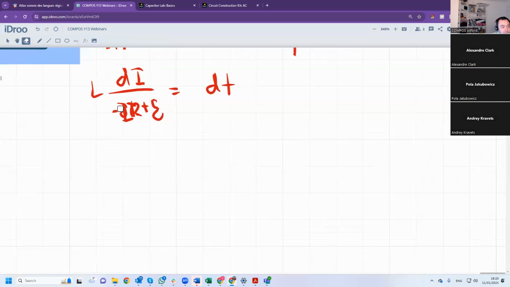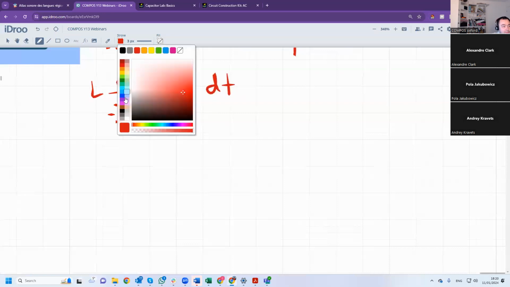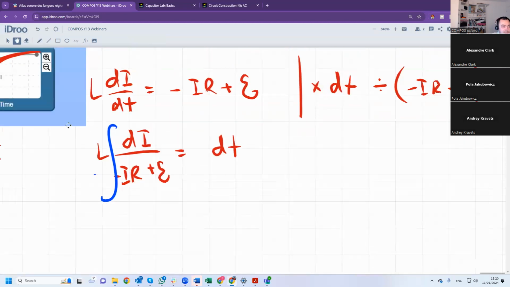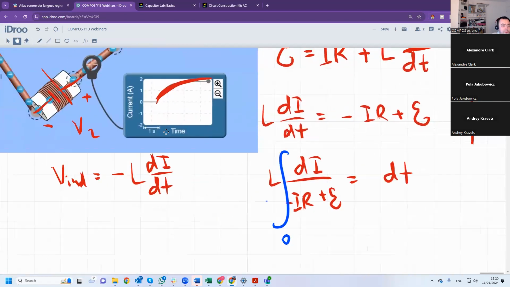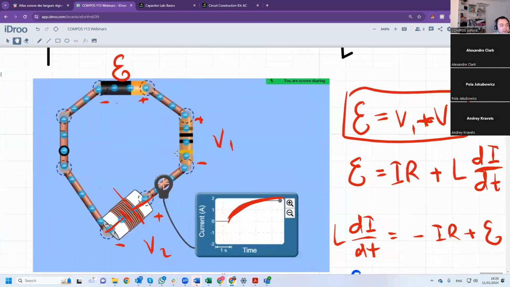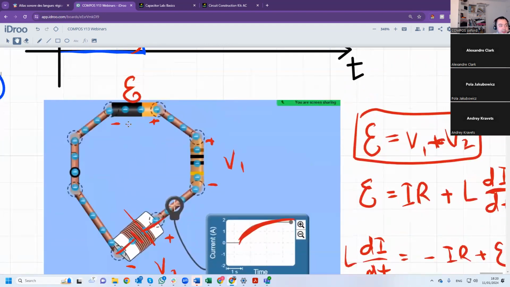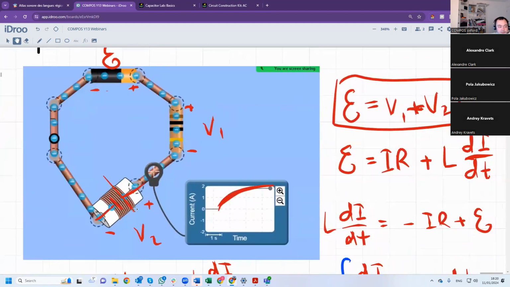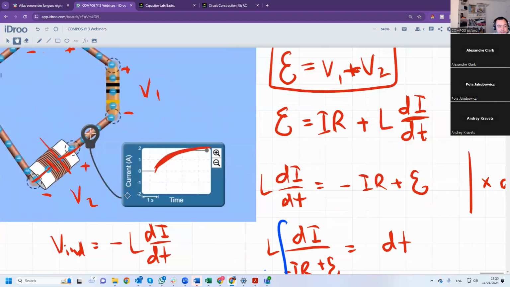And we can integrate. I changes from 0 to, well, the final current is going to be EMF over R, assuming the resistance of the inductor is 0.